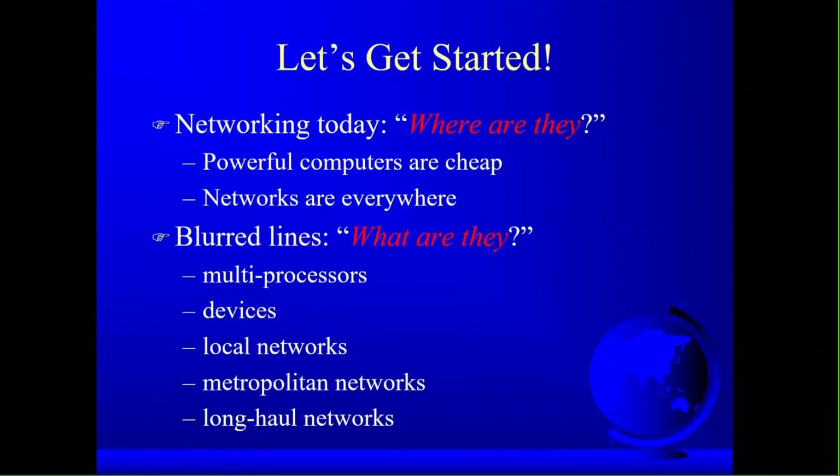So networking is everywhere. What are they? Is everything connected? Any device in the world, from a small sensor to a web server connected to another device, is what we refer to as networking.